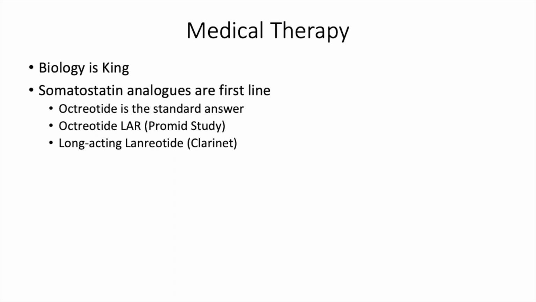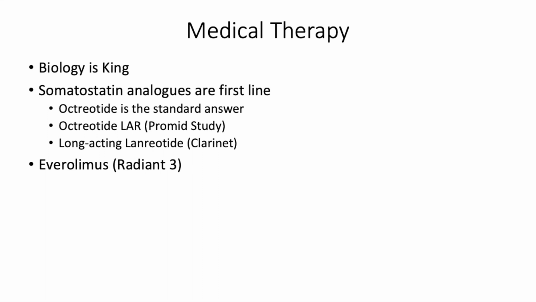There's two big drugs, octreotide LAR, which is a long-acting octreotide, and then lanreotide, which is just another variety. They have both been studied in large phase 3 trials and shown to improve progression-free survival. Octreotide is a little bit cheaper than lanreotide. There's probably no big difference in efficacy between the two. So octreotide is the mainstay of therapy for these.